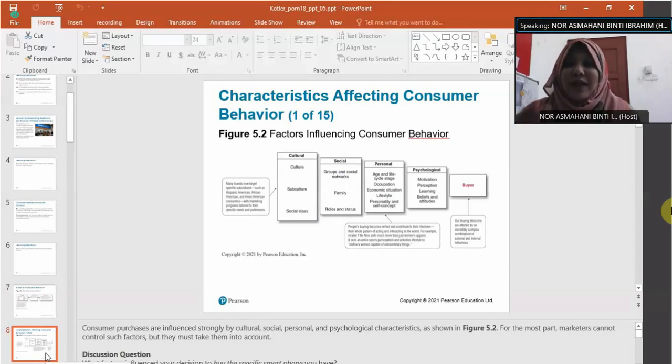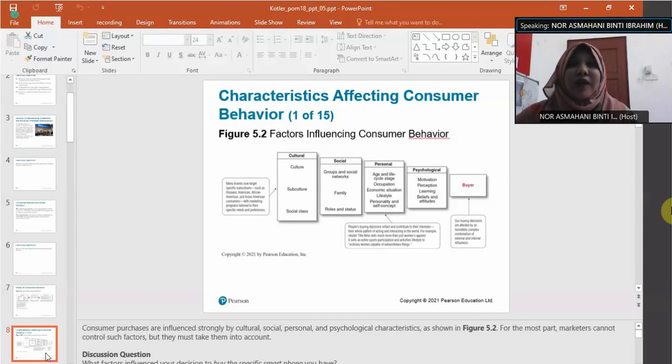That's why I say marketers are smart people, right? Dia orang yang bijak sebab dia analyze, dia tahu, they make a survey. A good seller or a good marketer understands the market first before they come up with the product or services, right?